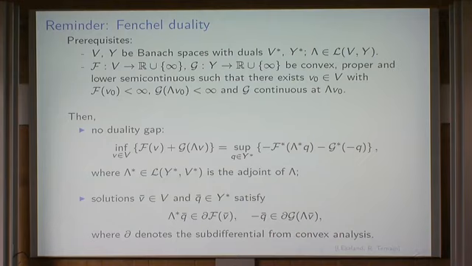Okay, and then Fenchel duality says the following. If we look at the primal problem, where we would like to infimize the sum of f of v plus g of lambda v, then this infimum is the same as the supremum of a problem where I have the convex conjugates, or polar functions, f star and g star, and lambda switches to lambda star, but also the roles switch from g to f.